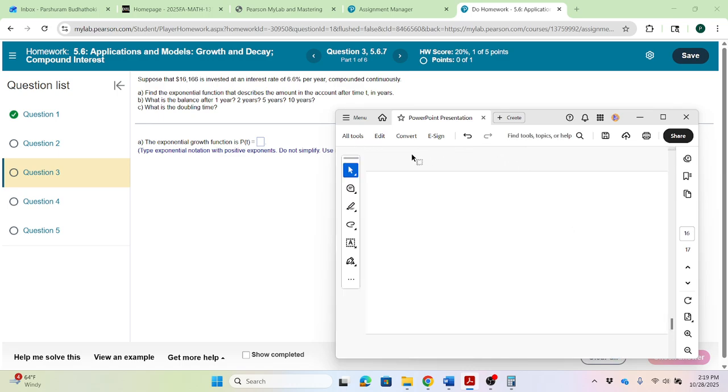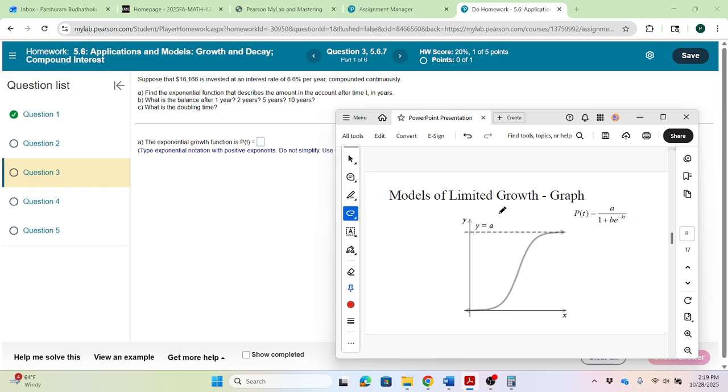Okay, suppose that 16,166 is invested at an interest rate of 6.6% per year, compounded continuously. Find the exponential function that describes the amount in the account after 2 years. So the function is, we already know the function actually, the compound continuous function.